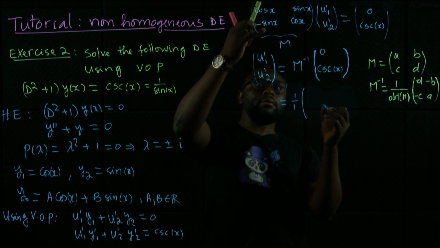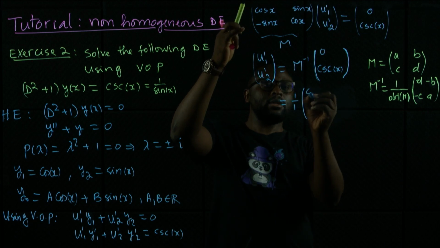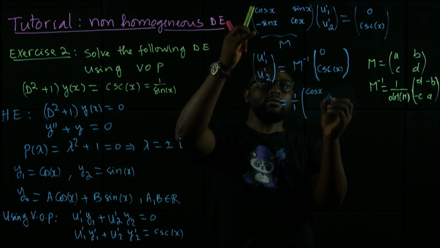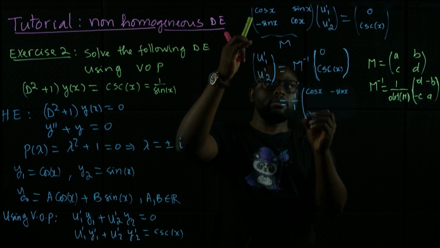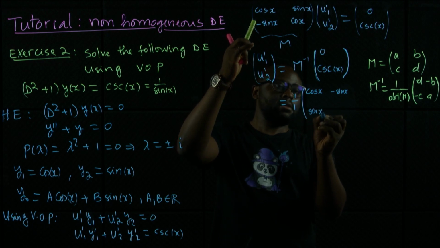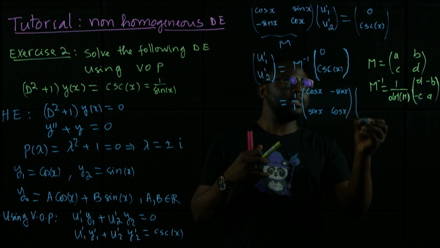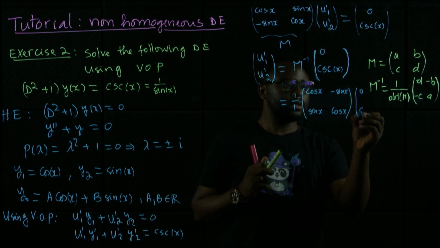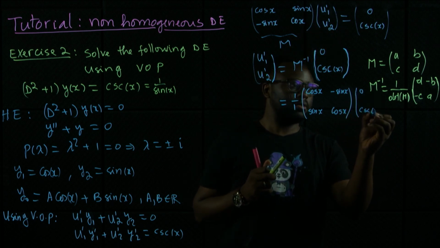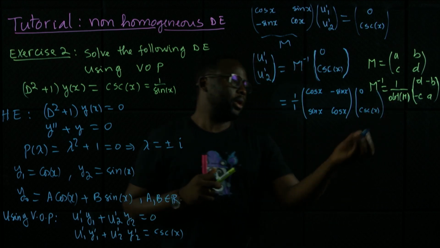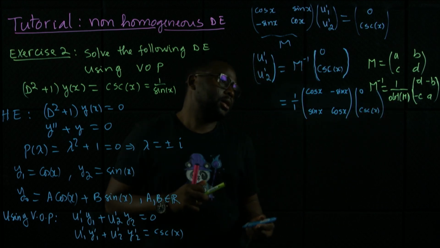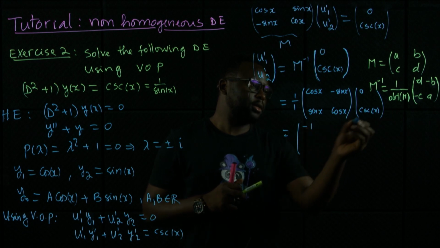We multiply by the inverse: this is still cos x, this is minus sin x, this is sin x, and this one is cos x. We multiply this by 0 and cosec of x. So if you multiply this matrix, you have minus 1, because sin x times cosec x is 1.